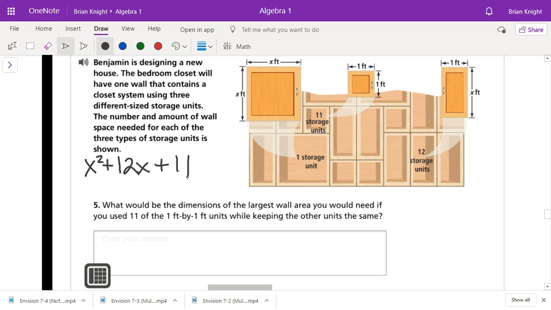What would be the dimensions of the largest wall area you would need if you used 11 of the 1 by 1 foot units while keeping the other units the same? So we're going to factor. So there's your dimensions. X plus 1, x plus 11. That would be the largest wall area you would need.